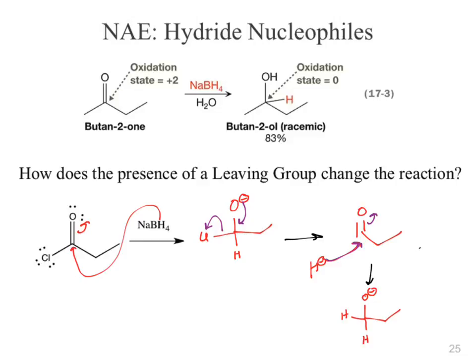Again, those electrons would try to come back down, but what happens? There's no leaving group. So the electrons can't come back down, and it would stall temporarily there until we followed that up or paid attention to our solvent. And we would end up with our final alcohol.